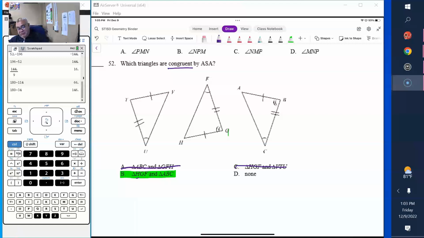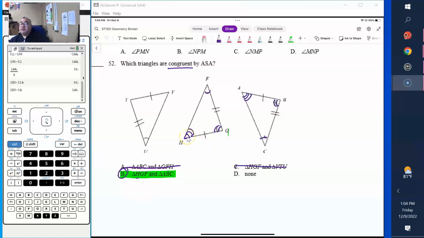So H corresponds with A, G corresponds with B, and F corresponds with C. Now, we have to check if it's going to be angle, side, angle. It is. Angle H, angle A, angle G, angle B, and that's angle, side, angle, so the answer is B.